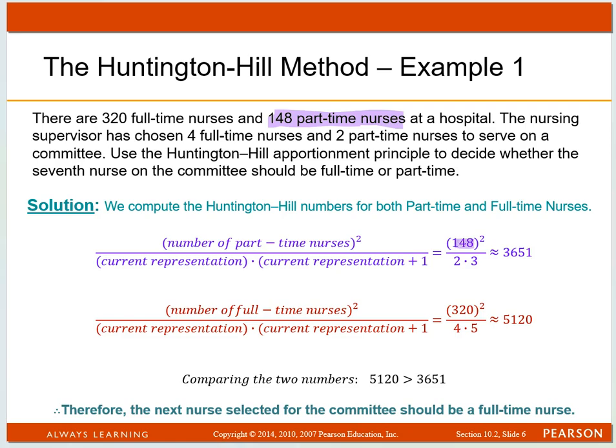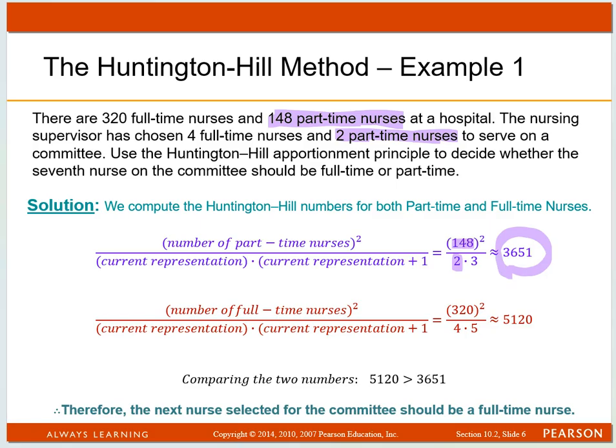There it is, 148 squared. And there's currently 2 part-time nurses. There's the 2 in the denominator. Times 1 more than 2 would be 3. So take 148 squared and divide it by 2 times 3, that's 6. And you get this number right here. So that's their Huntington Hill number.